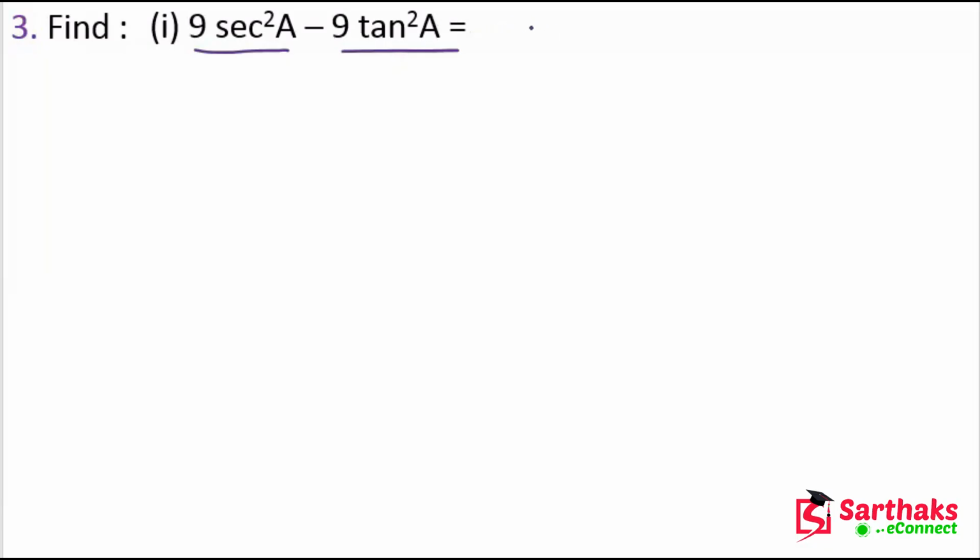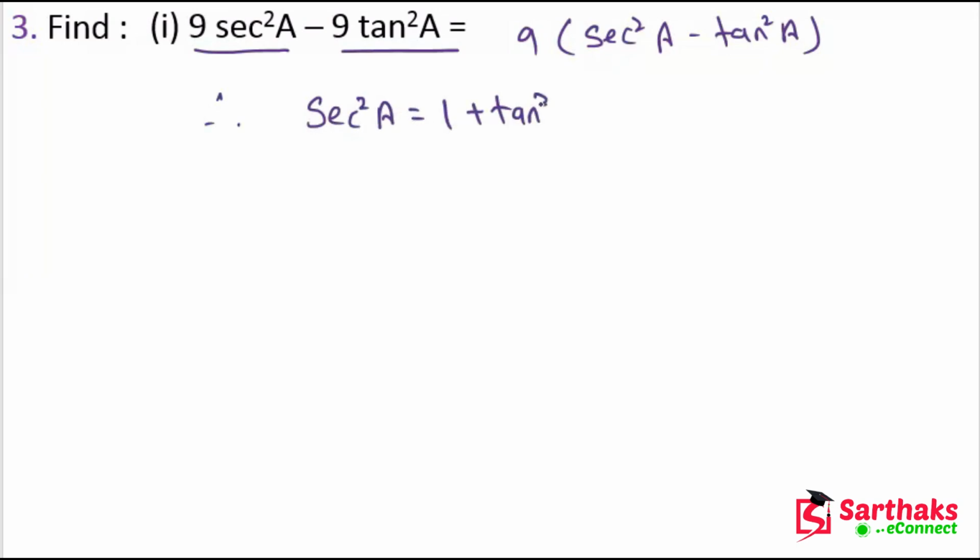First of all, take 9 as common and we have sec square A minus tan square A. Now we know the identity sec square A is equal to 1 plus tan square A. If we shift tan square A to the LHS, we get sec square A minus tan square A equals 1.